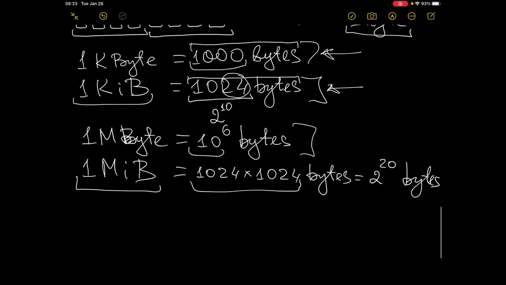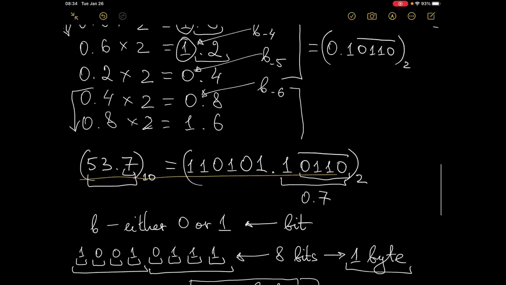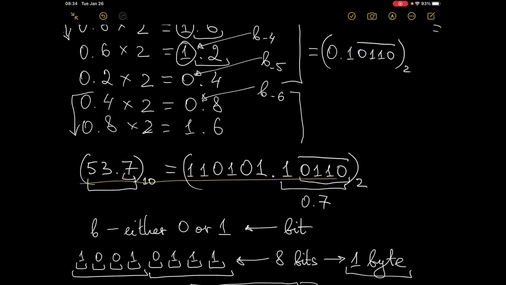Okay, so now, what is the most important result of what we just studied? We can see that even this number 0.7, right? You cannot represent it exactly with any finite amount of memory, which can contain only zeros and ones. You cannot represent it exactly because you see it has an infinitely repeating part.